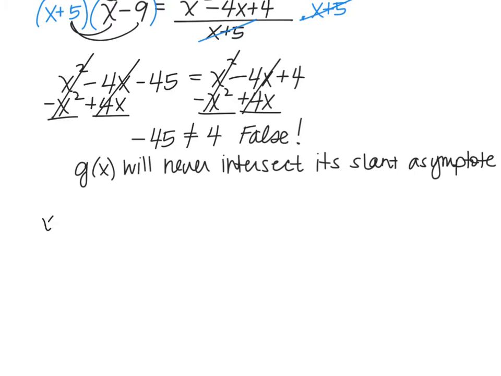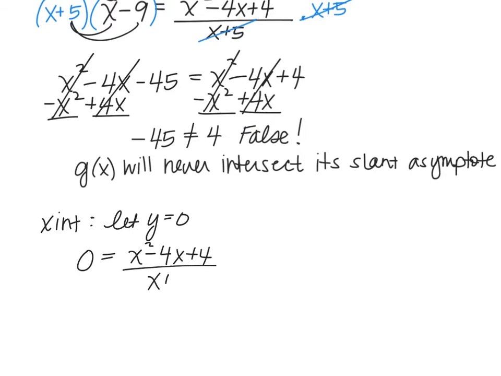So the x-intercept, or x-intercepts, will always be found by letting y equal 0. So we have 0 is equal to, now the original function, you could have the x squared minus 4x plus 4, all divided by x plus 5. Or if you look ahead, it would be actually a bit smarter for us to use the factored form.